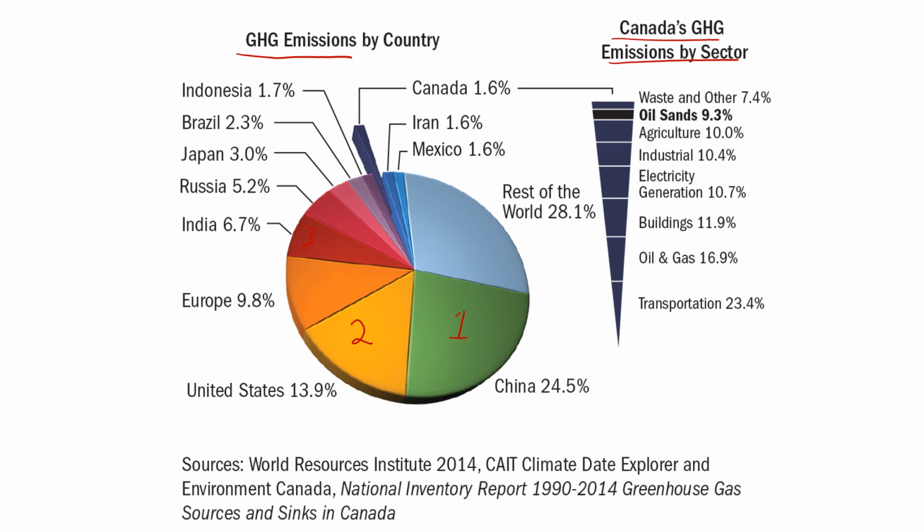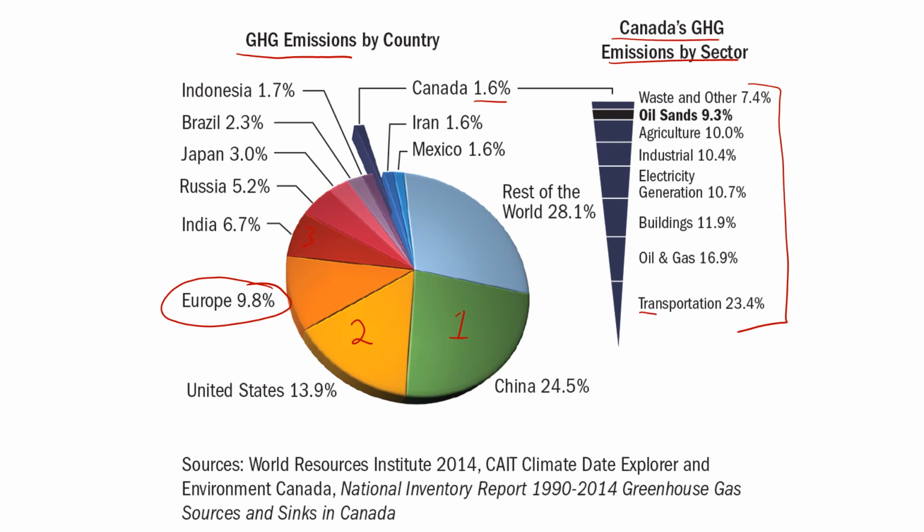And then Europe totals 9.8%, so it's greater than India, but India is one country, whereas Europe is many different countries, even though the EU is a thing. Anyway, Canada, only 1.6%, but we see what their distribution or their breakdown is.